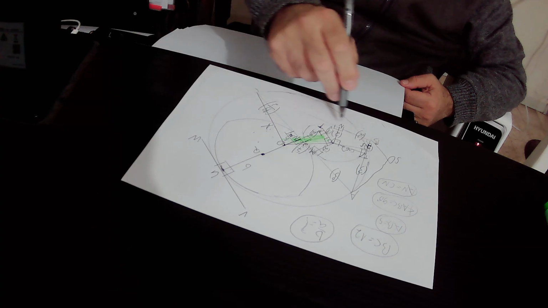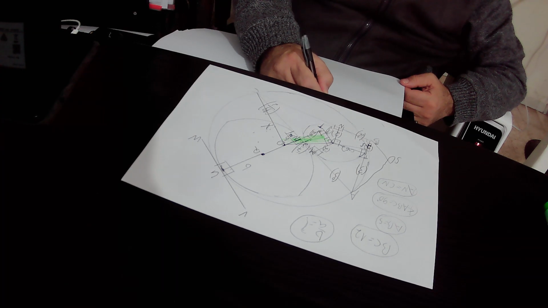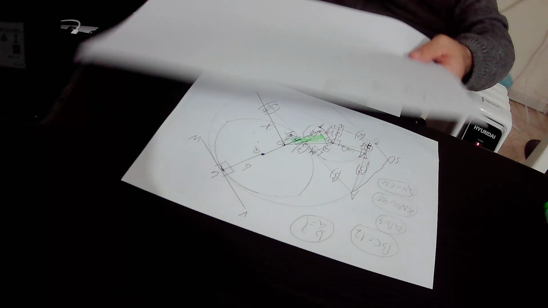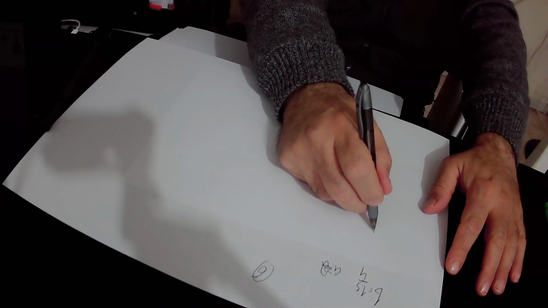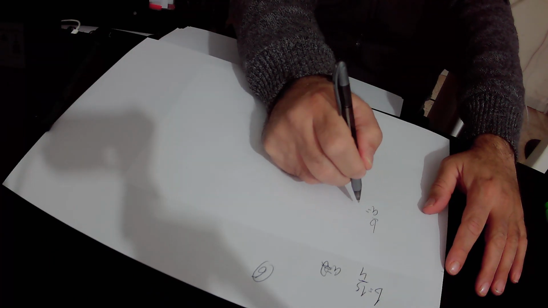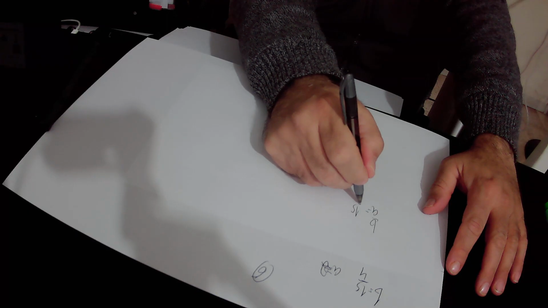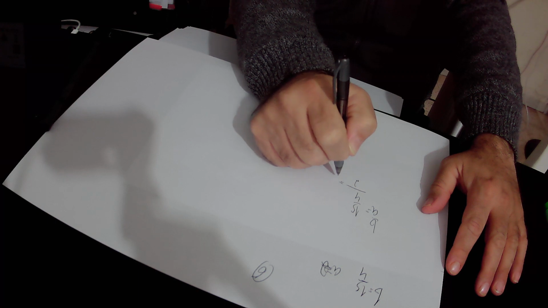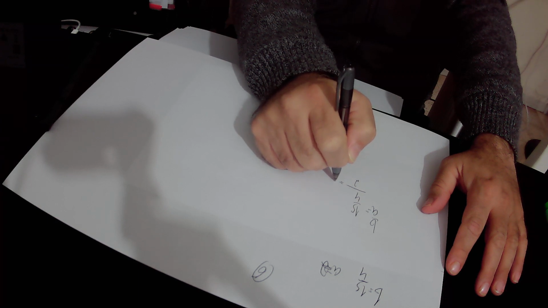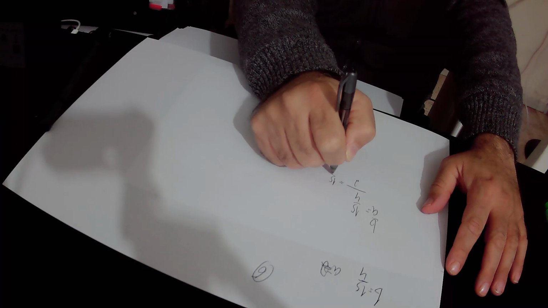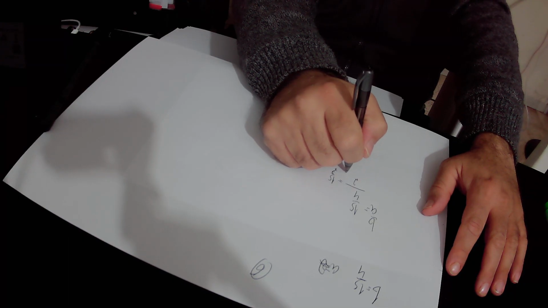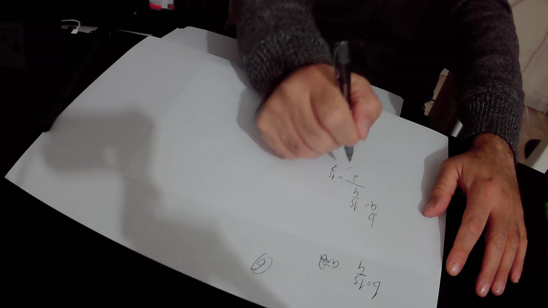And we already found out that the radius of this circle a equals 2. So the ratio b over a will be equal to b, which is 15 over 4, over a, that is 2. So b over a equals 15 over 4 over 2, that is 15 over 8. Okay.